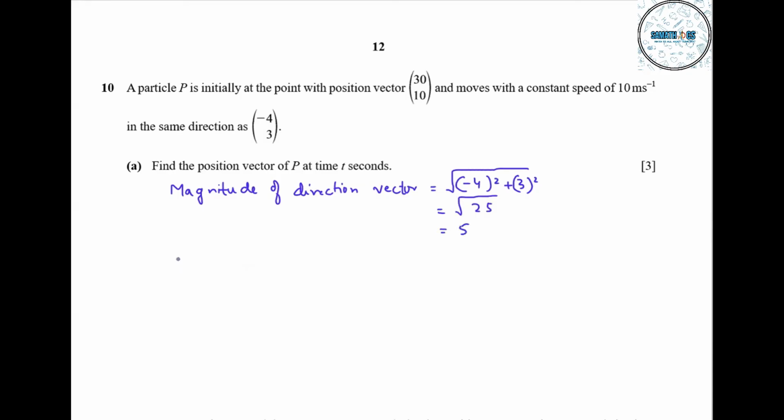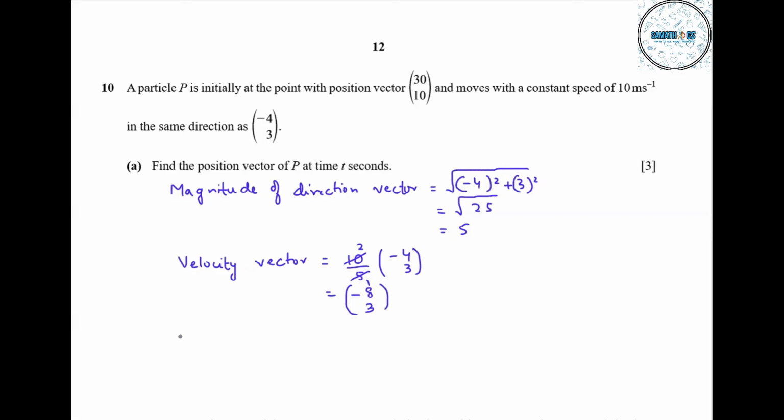which is equal to 5. Now we have to find out the velocity vector. Velocity vector is equal to the magnitude, which is given, divided by the magnitude of the direction vector and multiplied by the direction vector, which is minus 4, 3. So 5 1s are 5, 5 2s are 10, so it is minus 8, 6, which is the velocity vector.